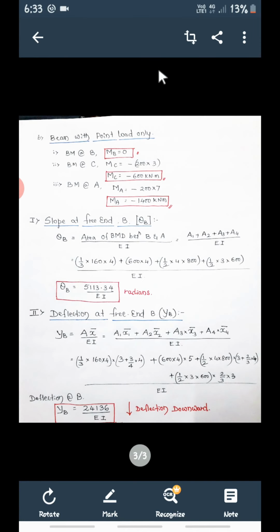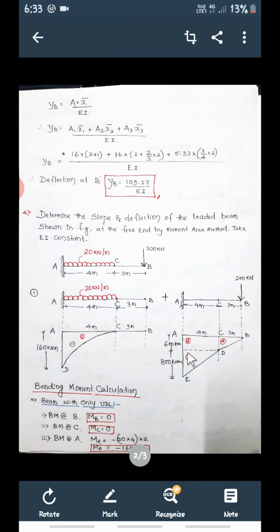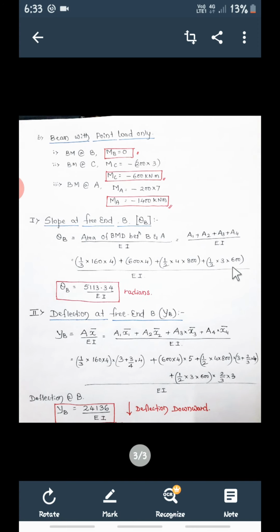Next, plus third one is a triangle, half base is 4 meter and height will be 800. And then the fourth area is also a triangle, half base is 3 meter and height will be 600.